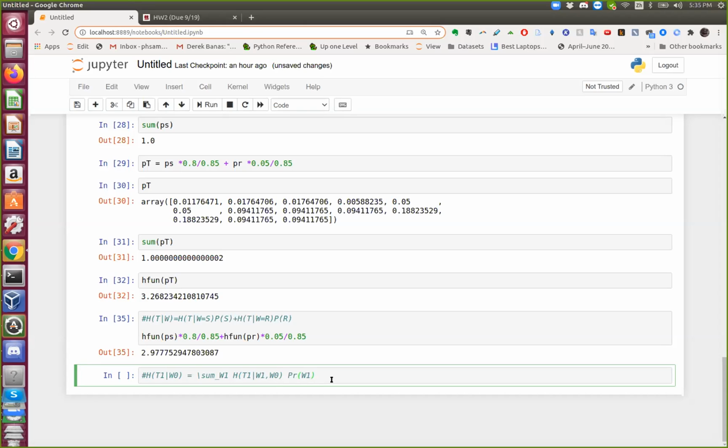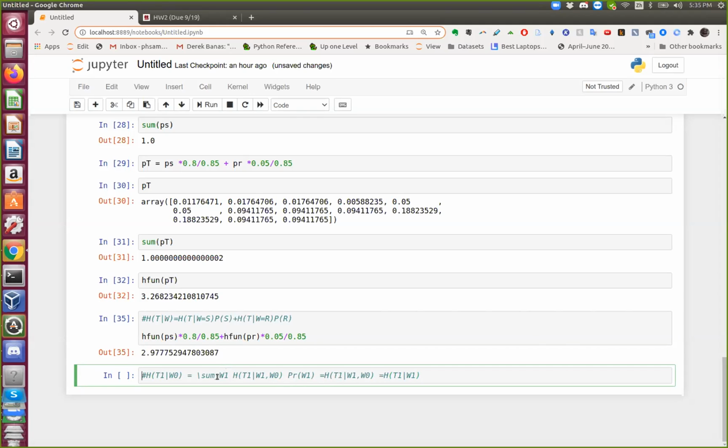But actually when you write this, it's not HT1 given W0, you're actually computing HT1 given W1 W0. And because of the Markov property, it's just HT1 given W1. And this will give you exactly the same solution as the previous question.